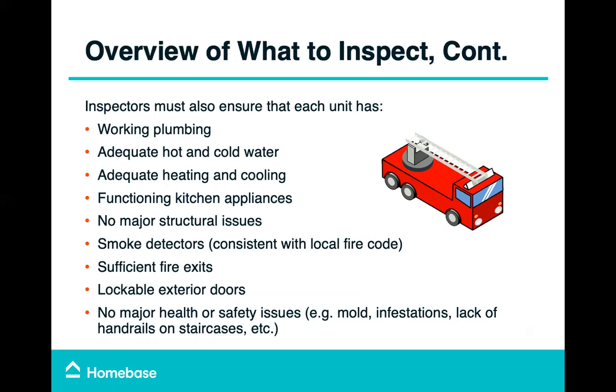These have to be installed according to the National Fire Protection Association standards. Again, we recommend that you check the local fire code for more details. Buildings have to have sufficient fire exits per local codes. The unit has to have a lockable exterior door, and there can be no major health or safety issues present, for example, mold, infestations, staircases with many steps that lack handrails, things that are fairly obvious.